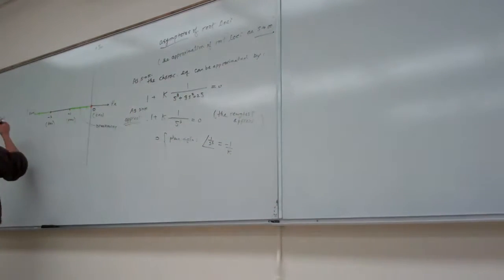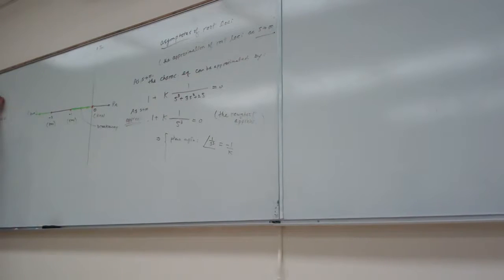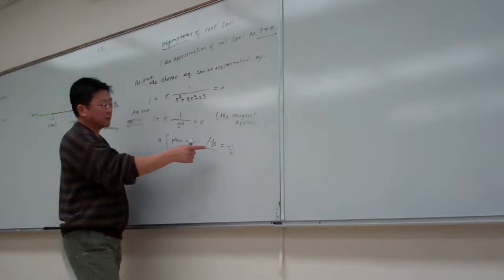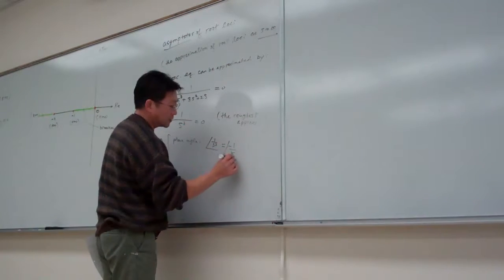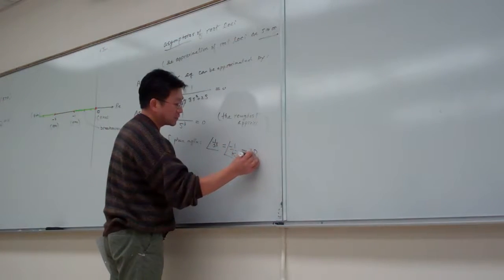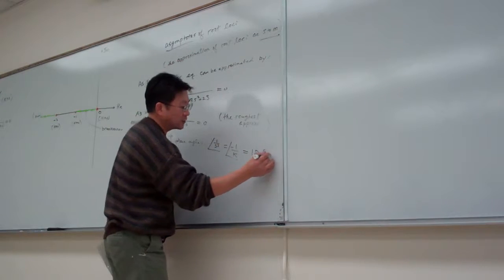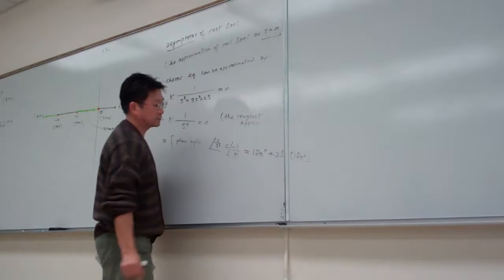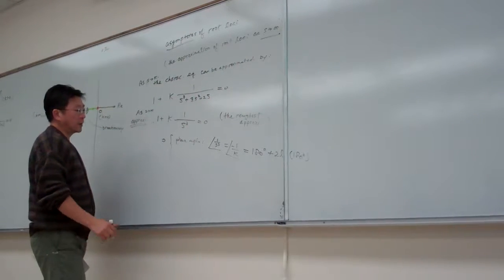And for this example, we assume K is positive. Okay. So the phase angle is given by this, and basically that is equal to 180 degrees, right? And plus 2L times 180 degrees.